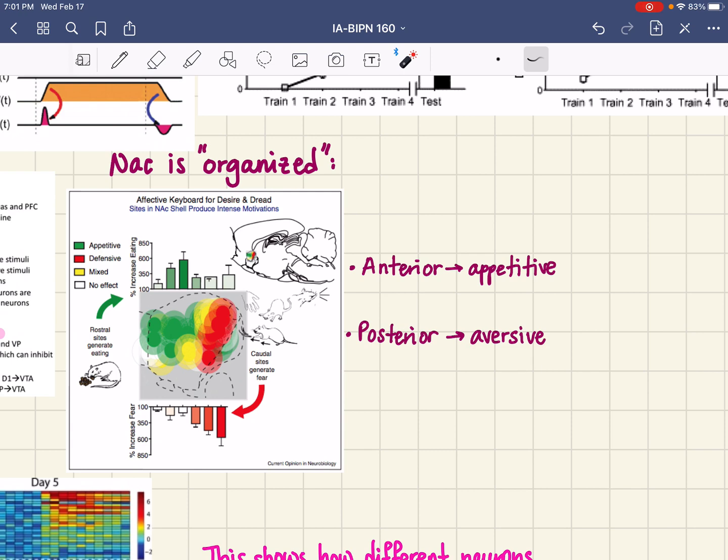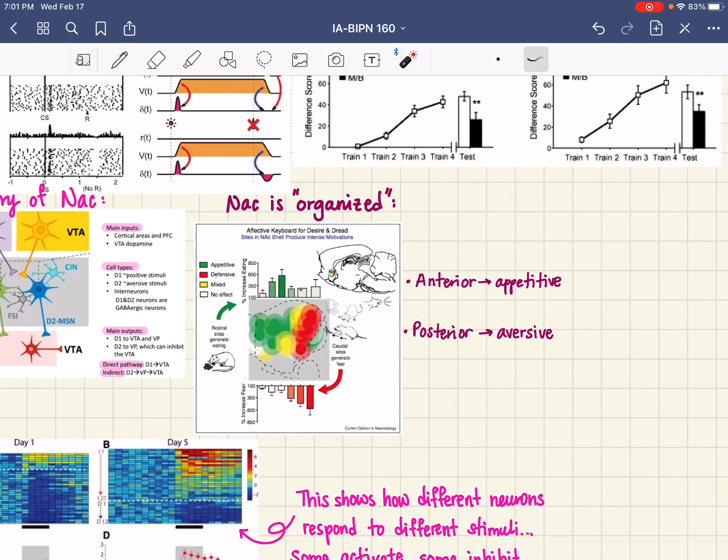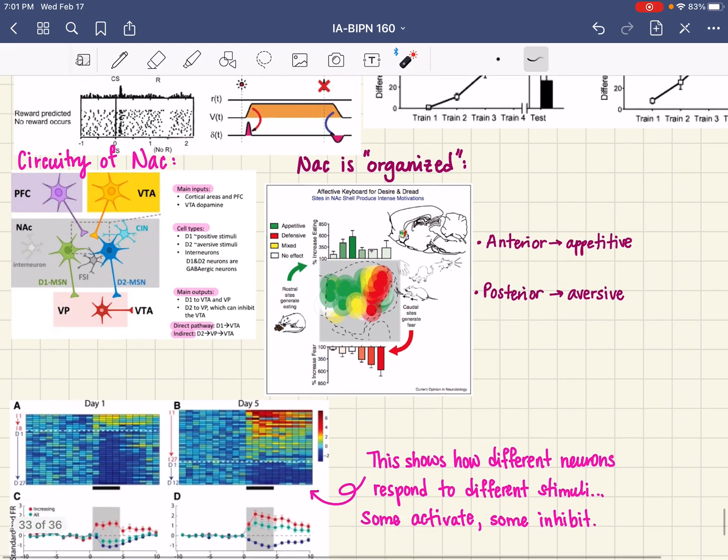And the research study that was done here, I don't think you need to know the details, but if I remember correctly, they gave the mouse a whiff of something that is aversive to them, and then they also gave droplets of sugar-infused water, and that is obviously a positive stimulus for them. And so depending on which type of stimulus they gave to the mice, different areas of the nucleus accumbens were stimulated.